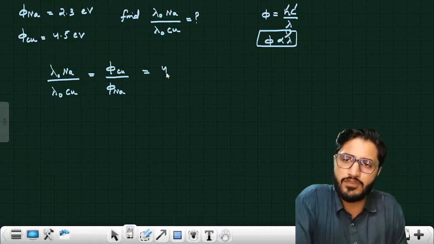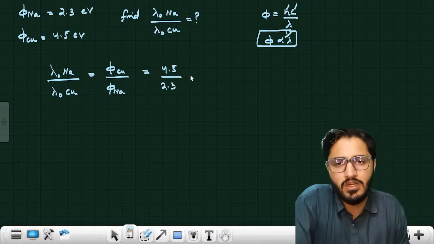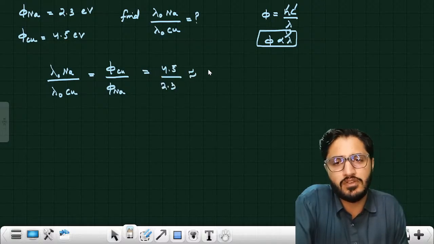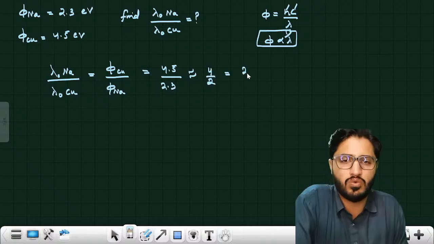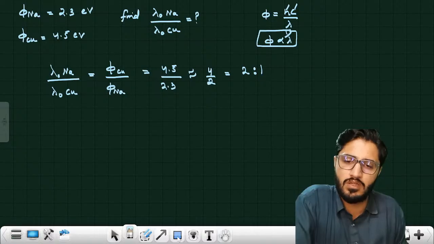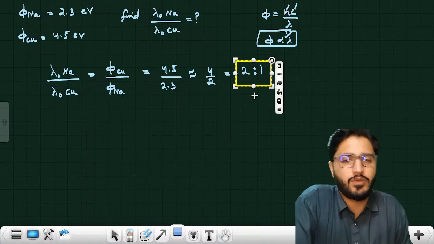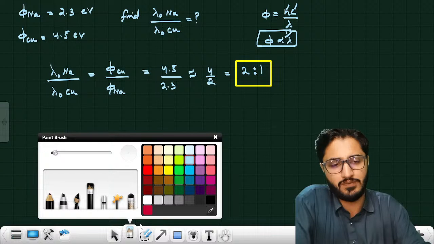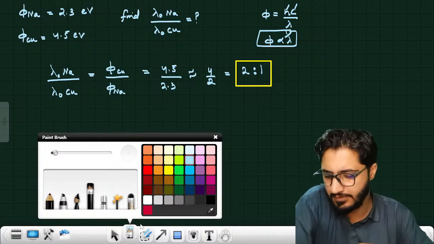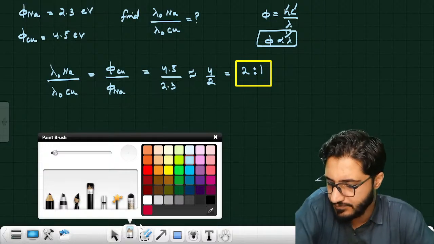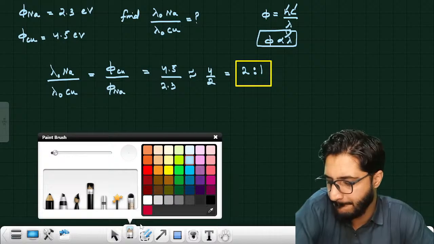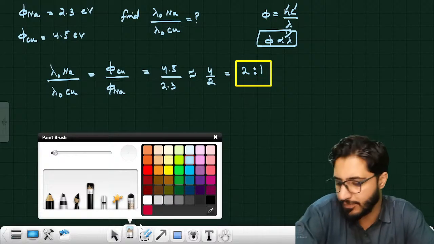Phi of copper is 4.5, sodium is 2.3. So you will take the approximation. It is 4 by, let us say, 2. The answer is 2 is to 1. So you need to take the approximation and you will get your values in approximation only. Done? Easy? Easy or super easy?